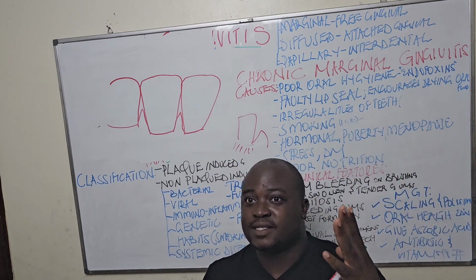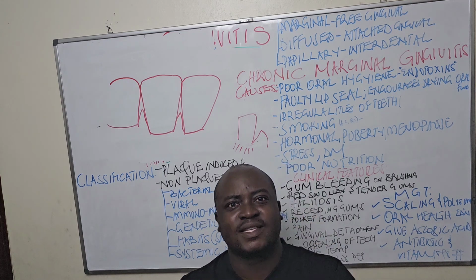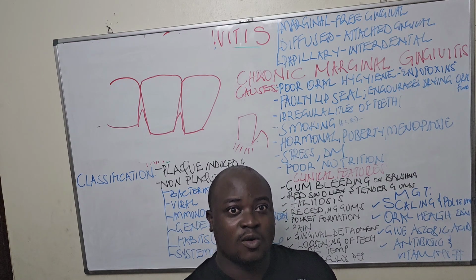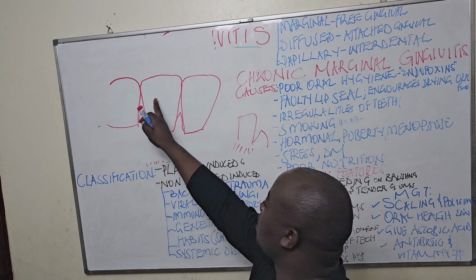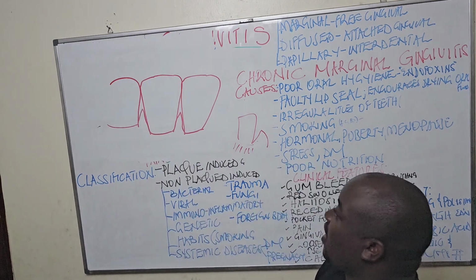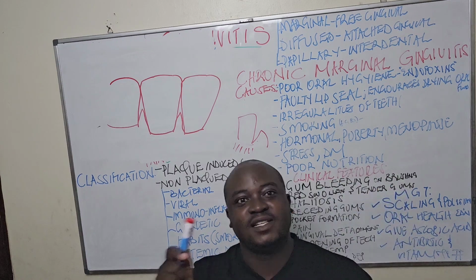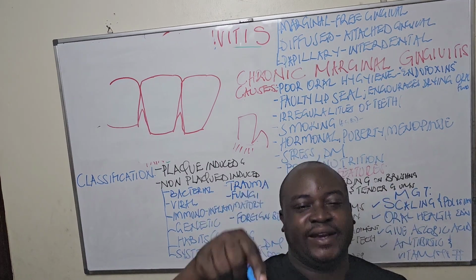We shall also have the signs and symptoms of a healthy gingiva. So now we are seeing the inflammation of the gingiva, so we are like the opposite. If we have the signs of a healthy gingiva and now we have a sick gingiva, we are now having signs of unhealthy gingiva.